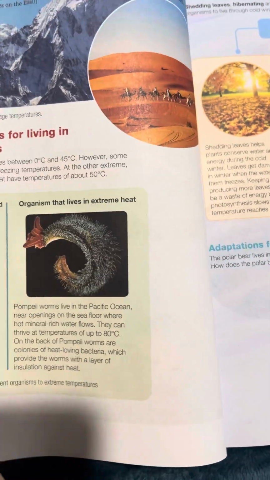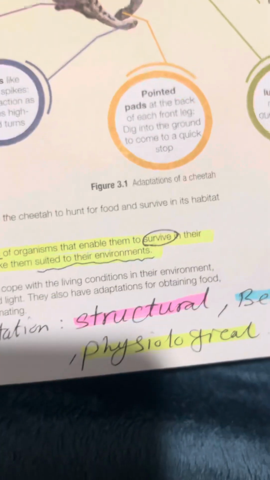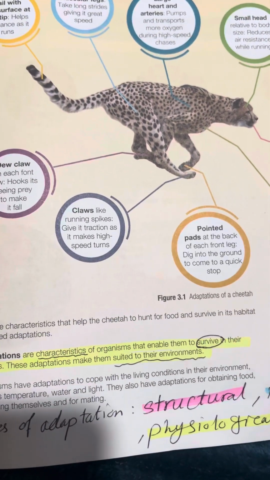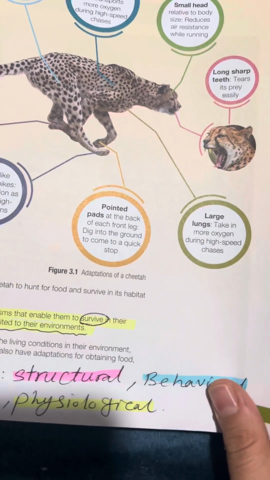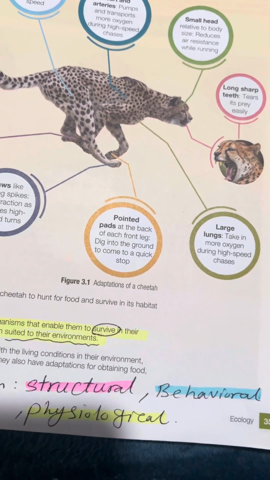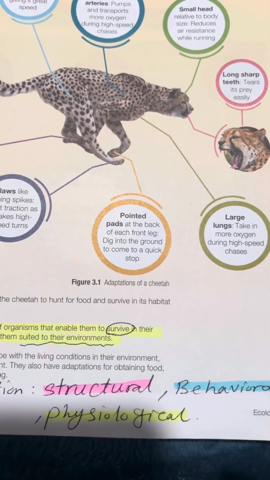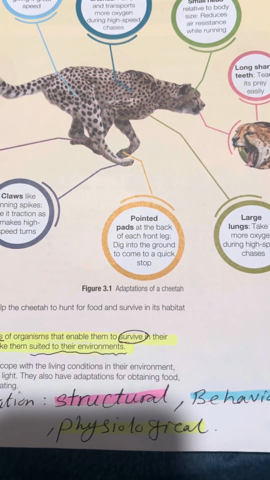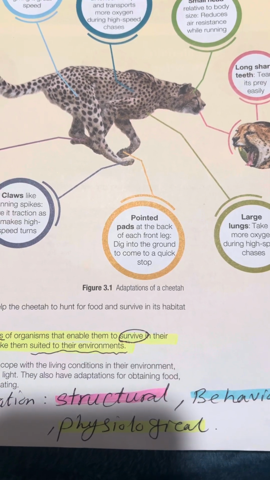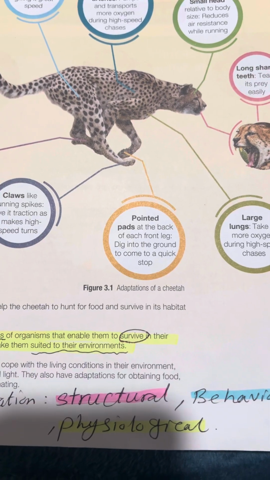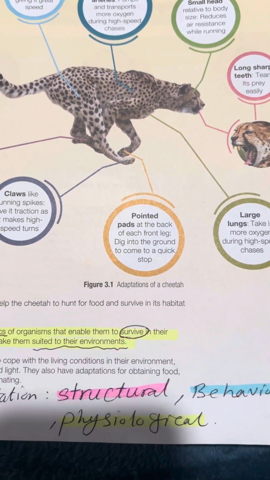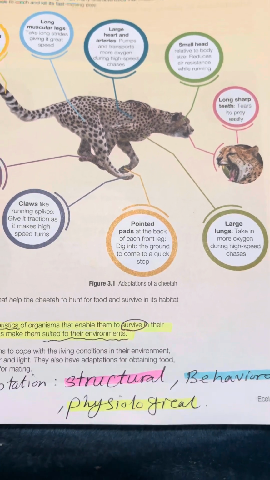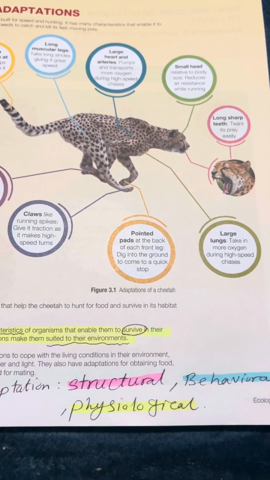The third and the last one is physiological adaptation. You need to differentiate between physiological and structural and behavioral, because it might be a bit confusing. You may mistakenly think that structural adaptation is physiological, but how exactly would you identify the physiological adaptation?